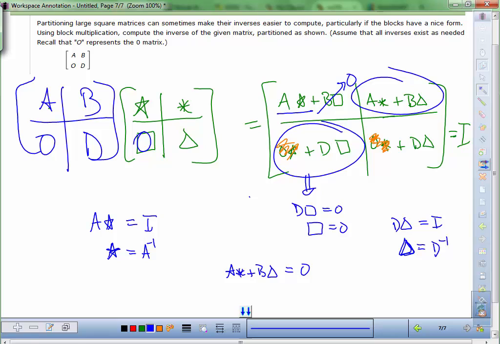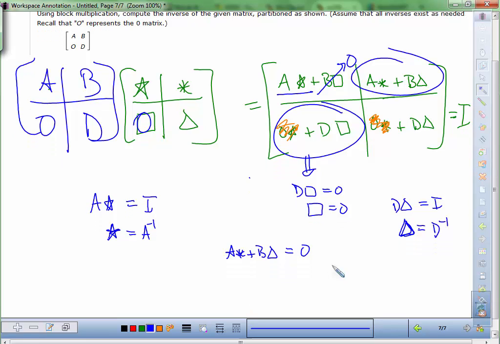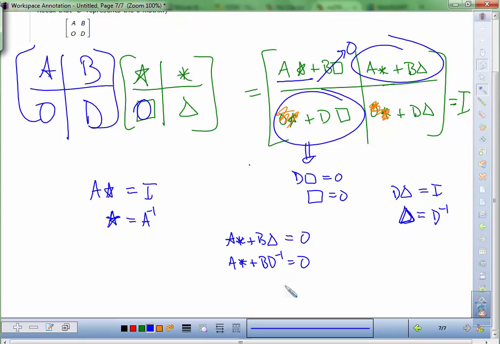Let's see. We just need to find the asterisk because we know what the triangle is. So A asterisk plus B times D inverse is equal to 0. If we solve for this, we would subtract. I guess asterisk was not a good symbol.